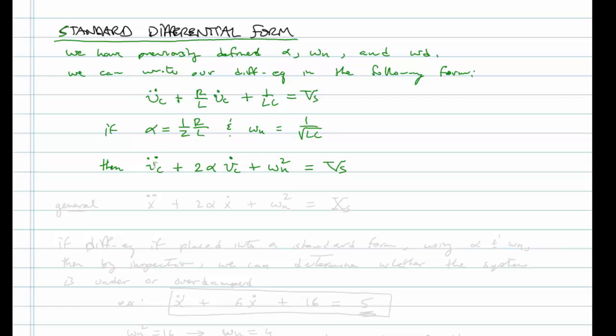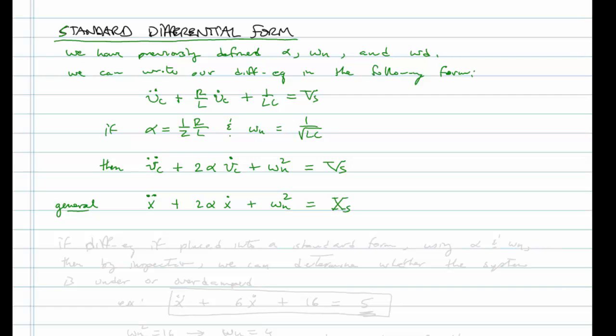Right? And notice that although our dependent variable V is interpreted as a voltage, we could put this into a very standard form of, say, x double dot plus 2 alpha x dot plus omega n squared x equals some x of s. And so this is very general. It could be electrical, it could be mechanical, it could be whatever.